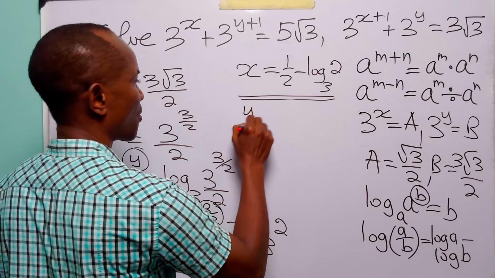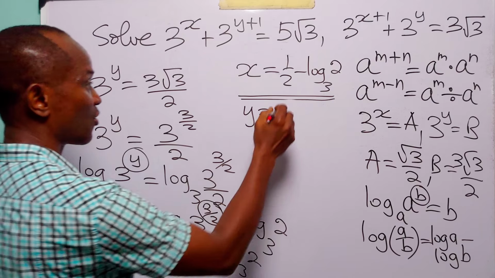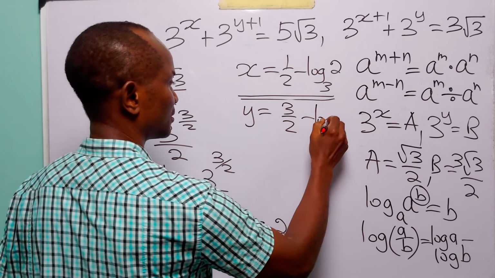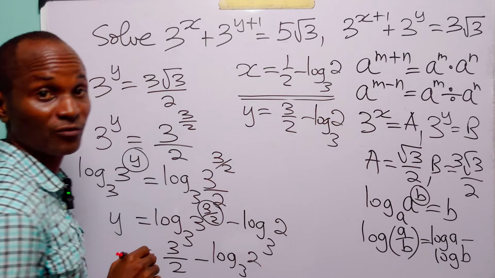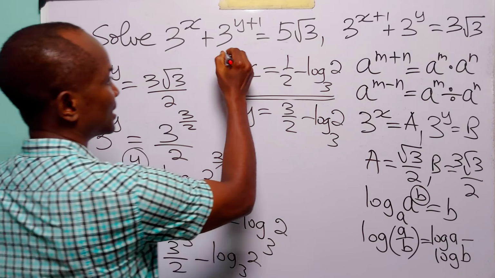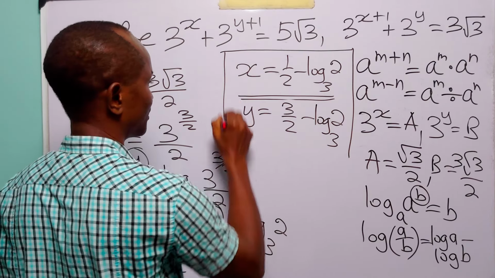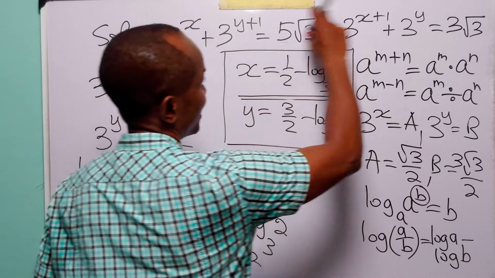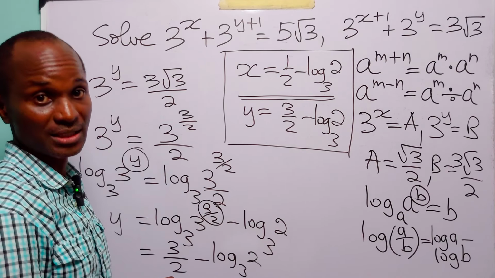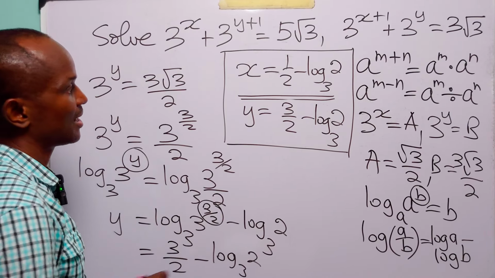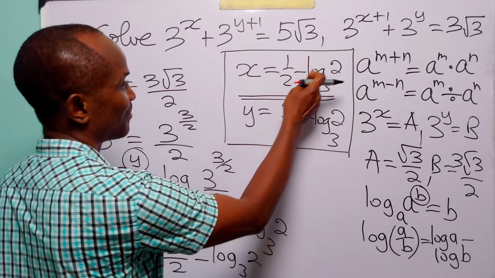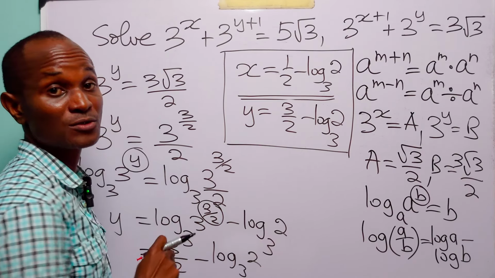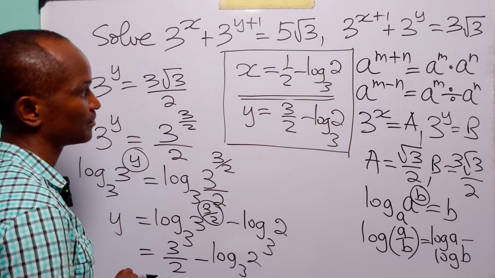So we have that y is equal to 3 over 2 minus log to base 3 of 2. So we have found the value of x and y that satisfies these two exponential equations simultaneously. And they are x equal to half minus log to base 3 of 2 and y equal to 3 over 2 minus log to base 3 of 2.